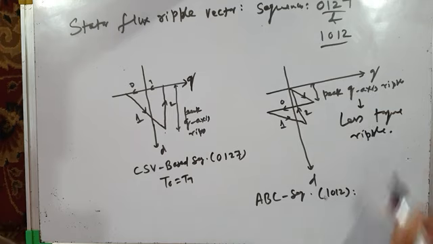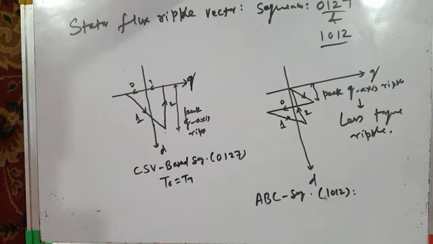So therefore, we have compared different switching sequences. We have compared conventional space vector-based switching sequence with sine triangle PWM switching sequence. And we have seen conventional space vector-based switching sequence gives less stator flux ripple and has less torque ripple.